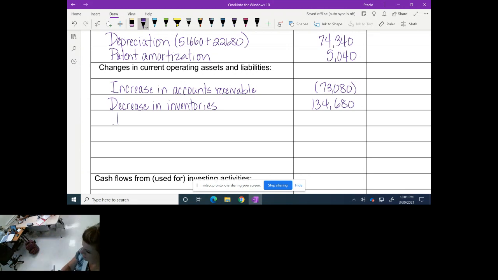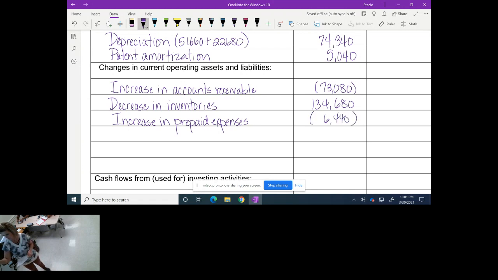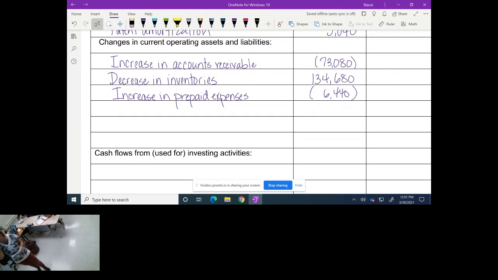It's increased. Okay, so we have an increase in prepaid expenses. How much is that? 6,420. Okay, so do we add it or deduct it? Deducted. Okay, so 6,420. All right, so what's next?